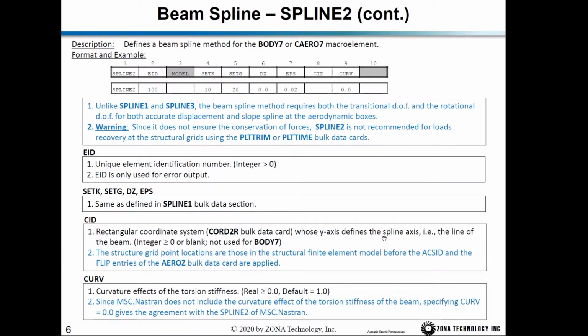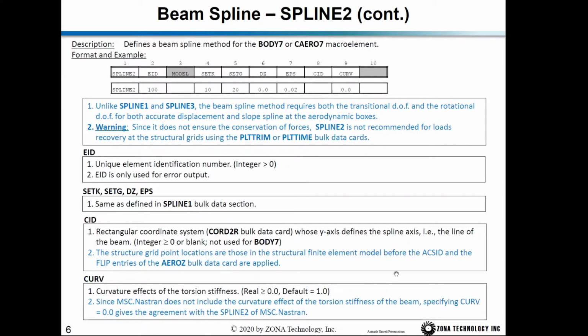Okay, so once you define the spline axis, the beam spline method will project all the structure grid points onto this spline axis. In this coordinate card, the structure grid point locations are those in the structure finite element model. So when you define this axis, this coordinate card is located in the structure coordinate, not in the aerodynamic coordinate.